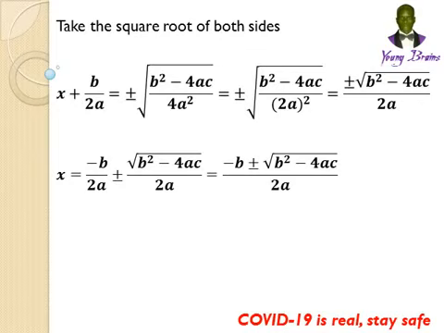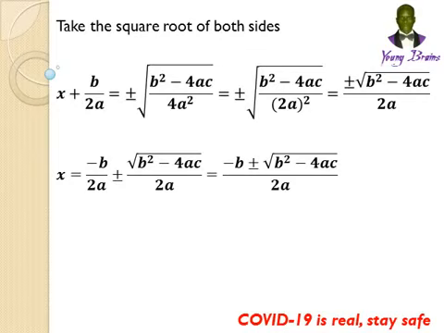It then gives us plus or minus square root of b squared minus 4ac divided by 2a in bracket squared. It results in plus or minus square root of b squared minus 4ac divided by 2a.